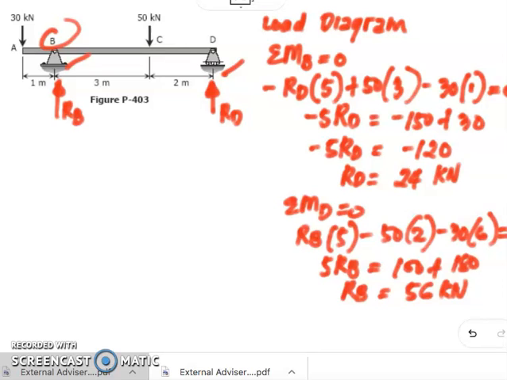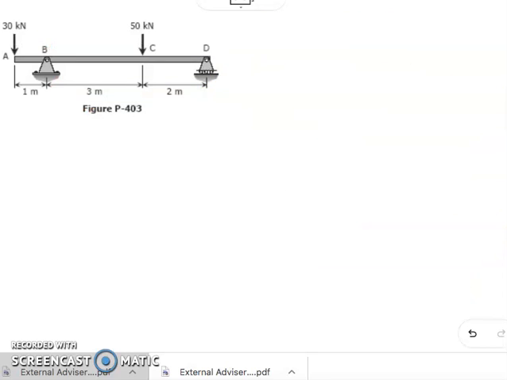We are now going to compute the shearing force equation and the moment force equation by segment.